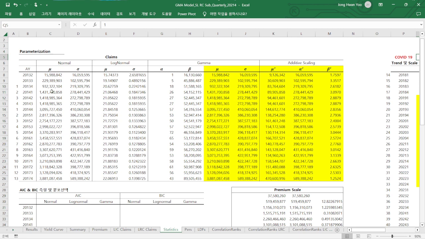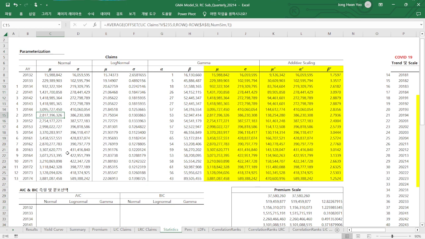In order to first estimate the parameters that I would use, mu and sigma, I use maximum likelihood estimation. But to do that, I need historical data, and using sampling, I created a pseudo historical triangle, 1,000 different historical data sets.